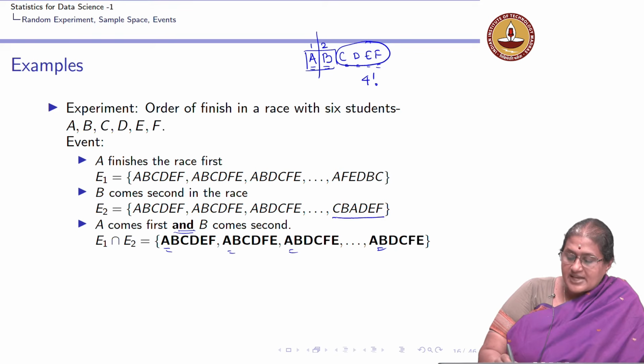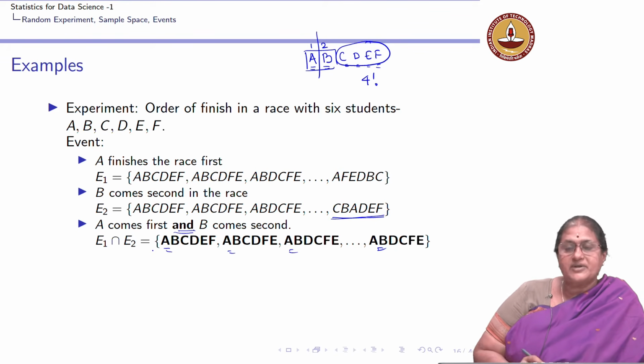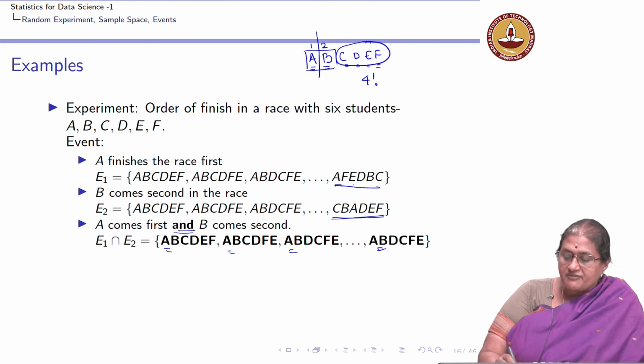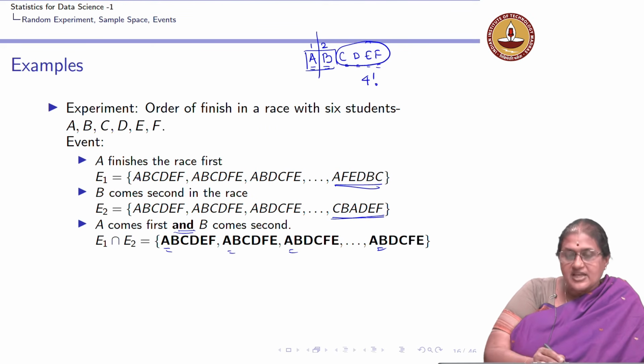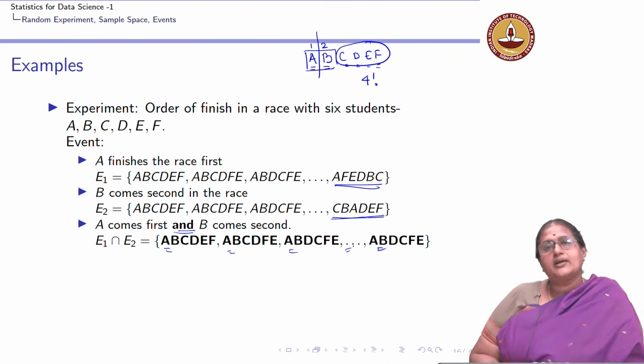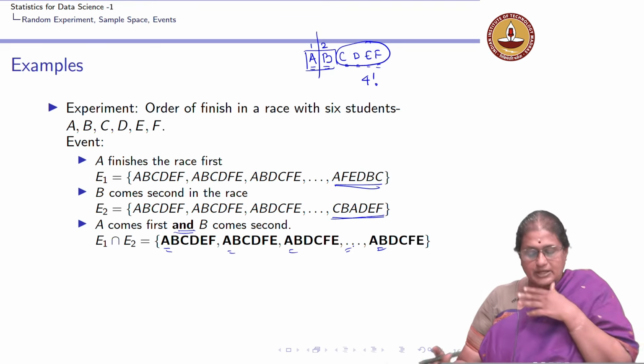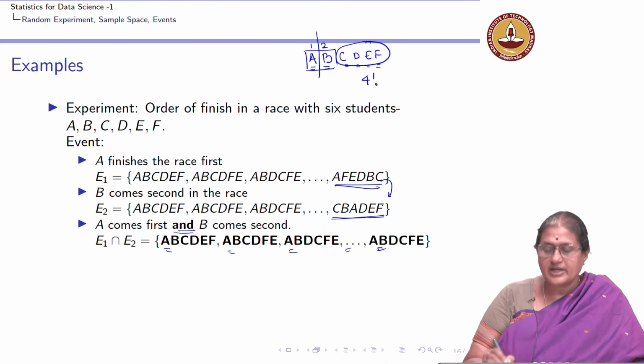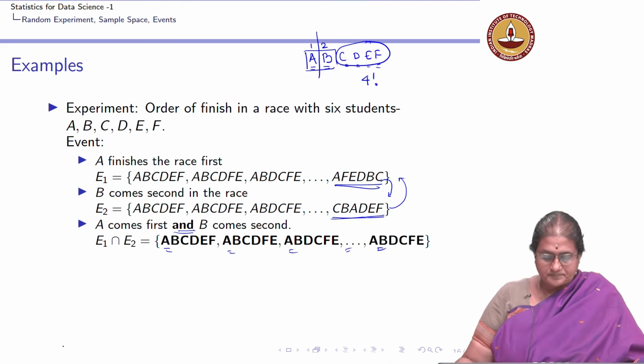Notice that this element C, B, A, D, E, F will not be an outcome in this set. Similarly, A, F, E, D, B, C, which was an event, will not be an element of E1 intersection E2, because this is not an element of E2 and this is not an element of E1.